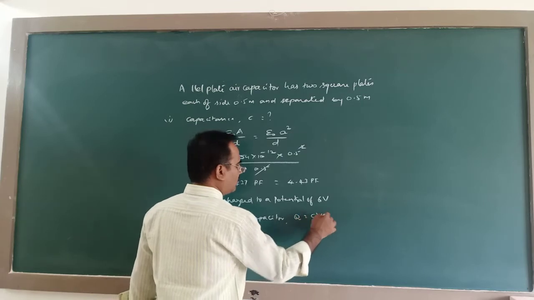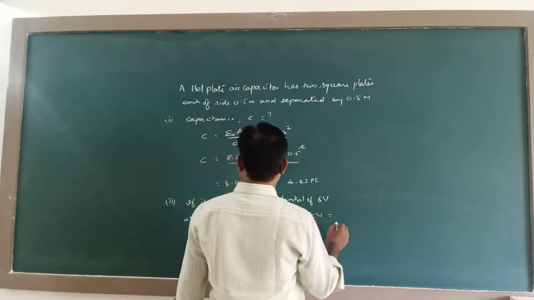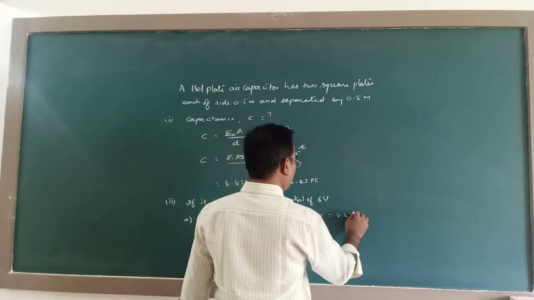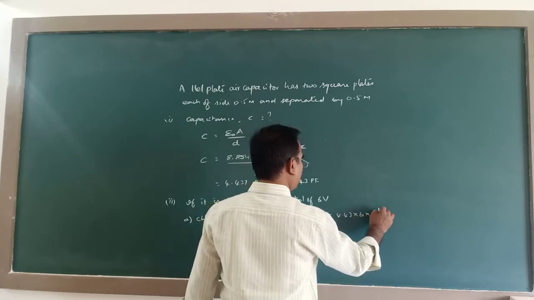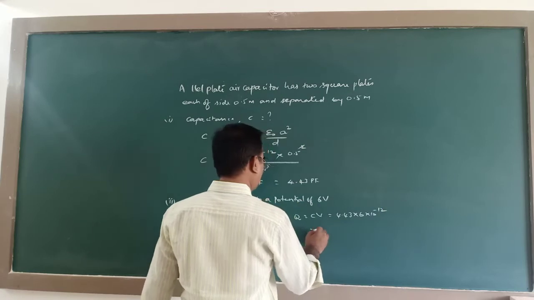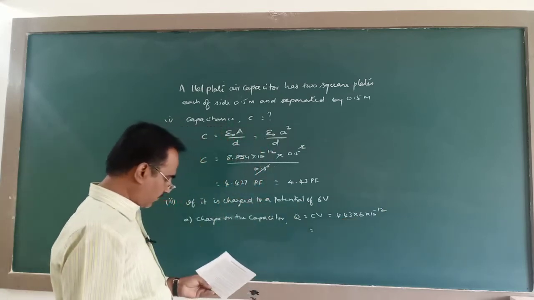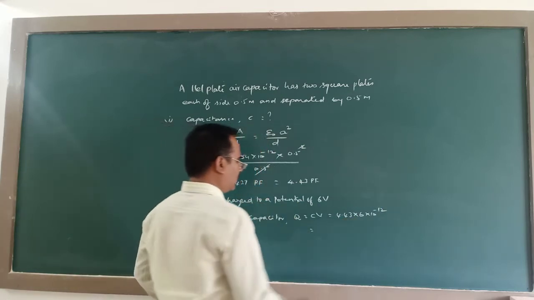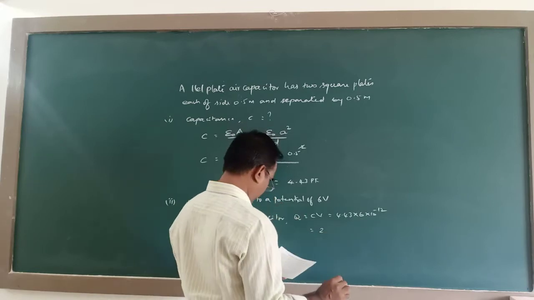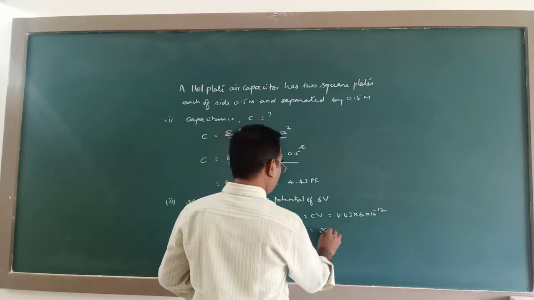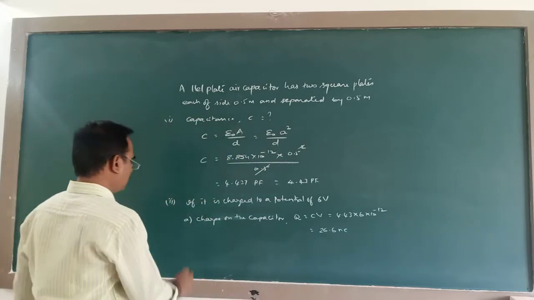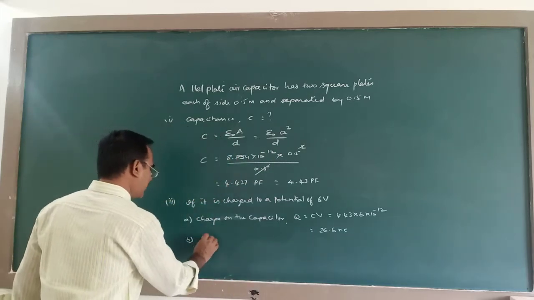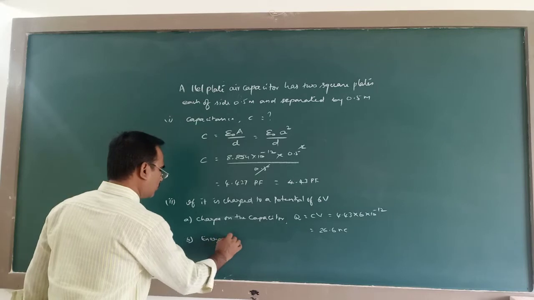You know that Q is equal to C into V. That is 4.43 into 6 into 10 to the power of minus 12. So you do this calculation. Obviously you will get nearly 26.6 nanocoulomb.